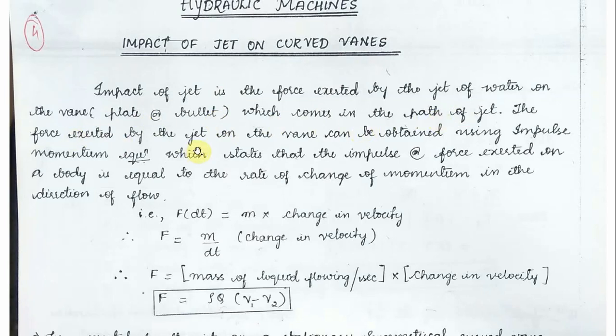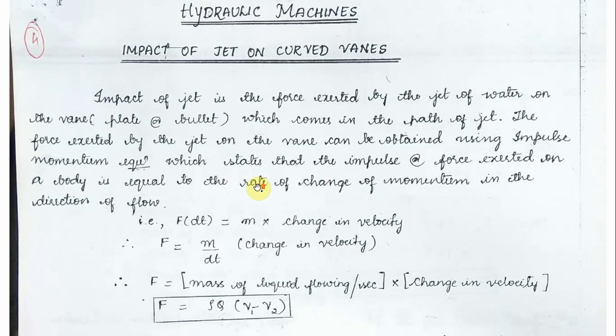The force exerted by the jet on the vane can be obtained by using the impulse momentum equation, which states that the impulse of a force exerted on a body is equal to the rate of change of momentum in the direction of the flow.